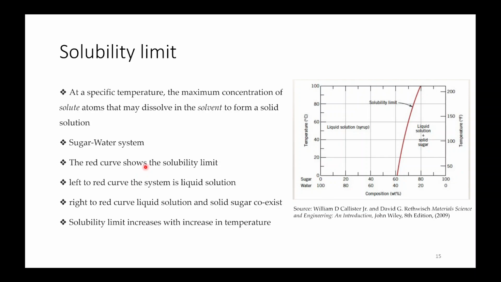So the red curve shows the solubility limit. Left of the red curve the system is a liquid solution, and right of the curve it is liquid solution plus some solid sugar which is coexisting. Now solubility limit increases with increase in temperature.